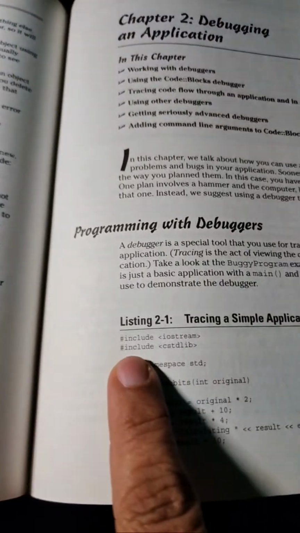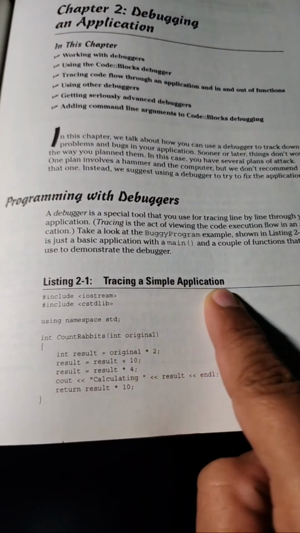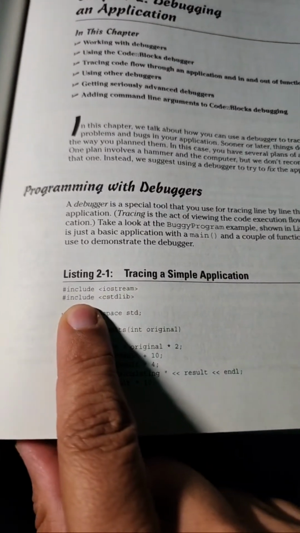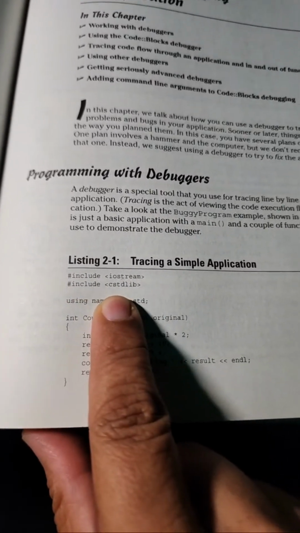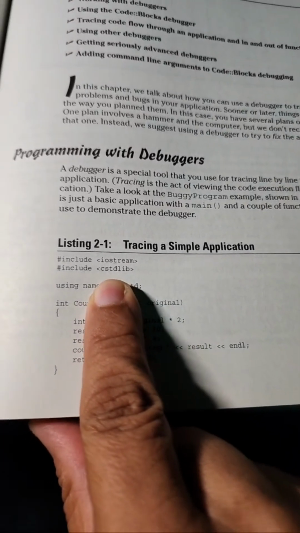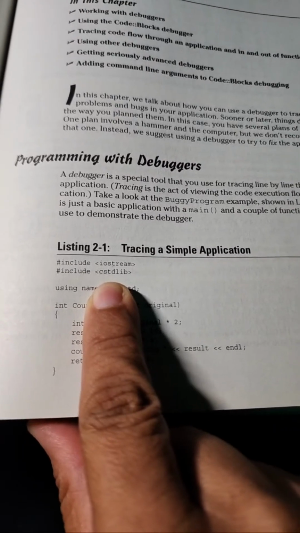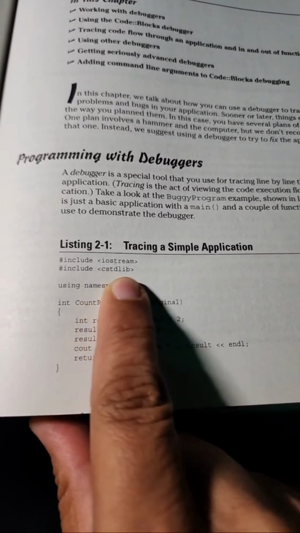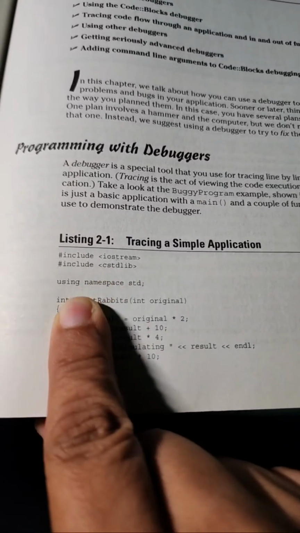Here we go. Listing 2-1, tracing a simple application. #include <iostream>, #include <cstdlib>. I know lib is library, D might be data, I don't know what CST is.